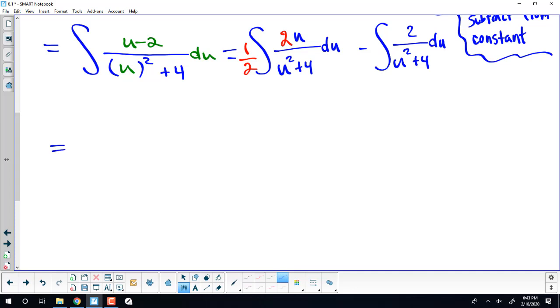So the first one is simply 1/2 times the natural log absolute value of u squared plus 4. Think of this one as though the numerator is our du. We've got our 2 out here, minus 2 times the antiderivative of 1 over u squared plus 4, which is what?